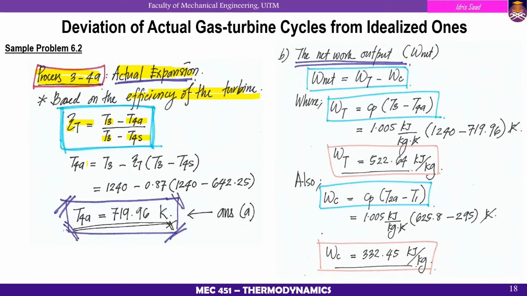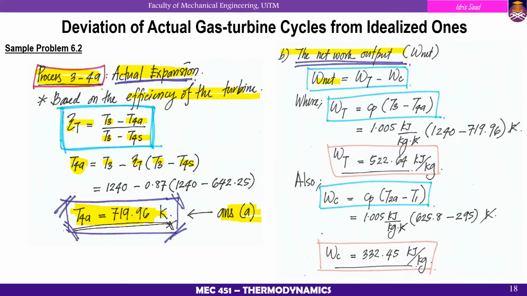Rearranging for T4A, we get T4A is equal to T3 minus the efficiency of the turbine multiplied by (T3 minus T4S). Substitute the required information, then we get T4A is equal to 719.96. So this is the answer for A. What is the temperature at the exit of the turbine? The answer is 719.96.